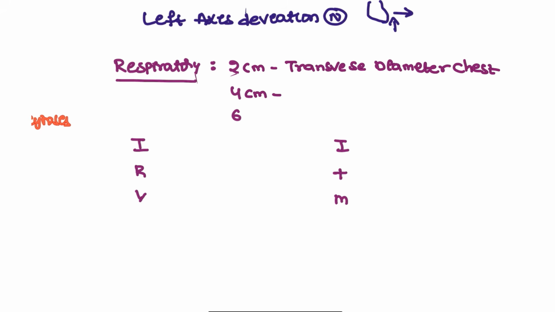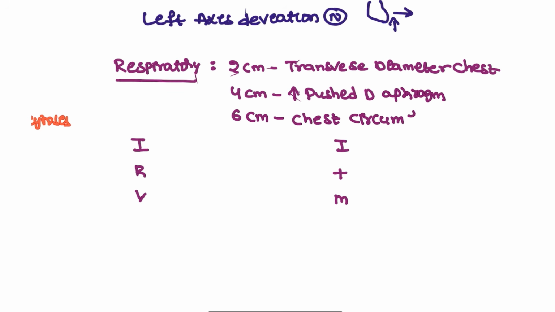The 4 centimeters is the diaphragm being pushed upward by the growing uterus, by 4 centimeters or more. Next, the 6 centimeters is the increase in total chest circumference, right?